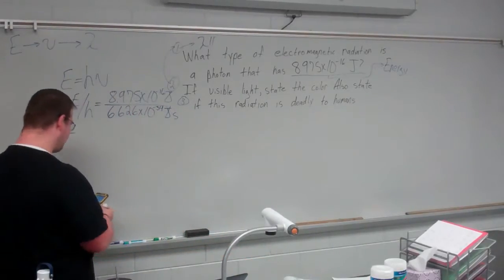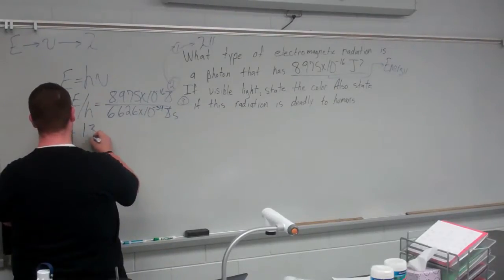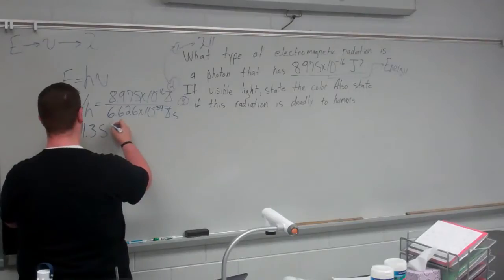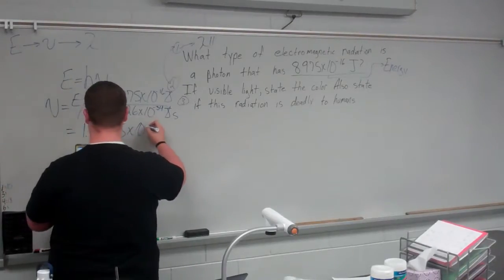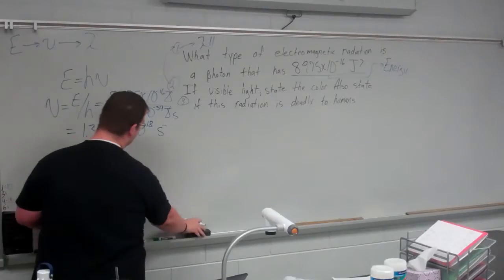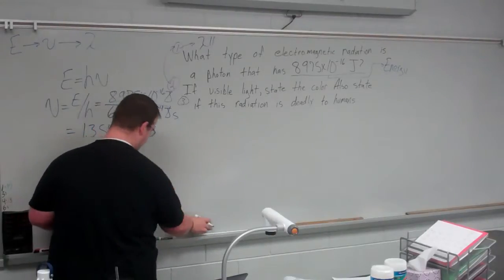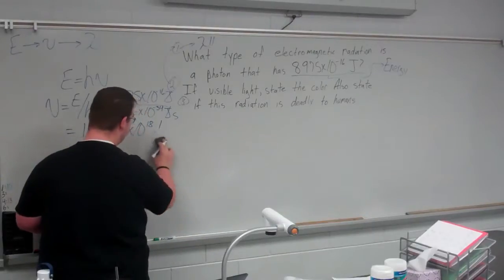All right, so in this you solve for that and you find a frequency of 1.354 times 10 to the 18th. And those are inverse seconds, which is also hertz.